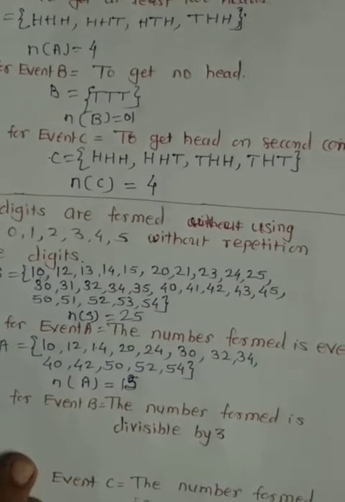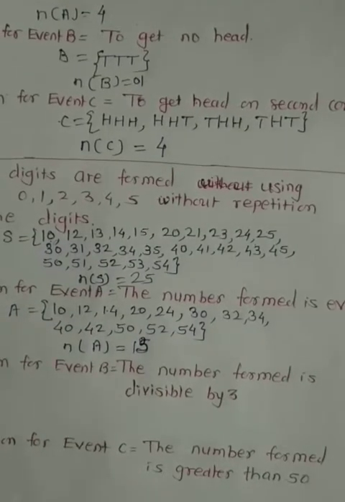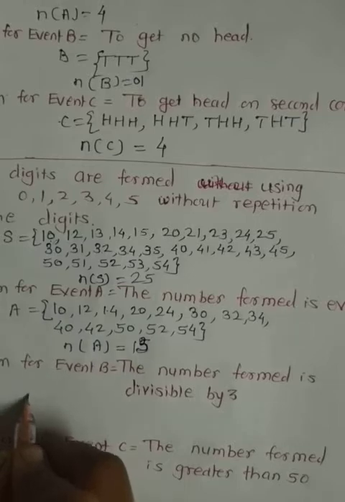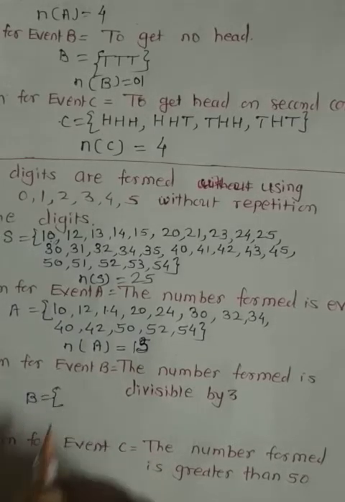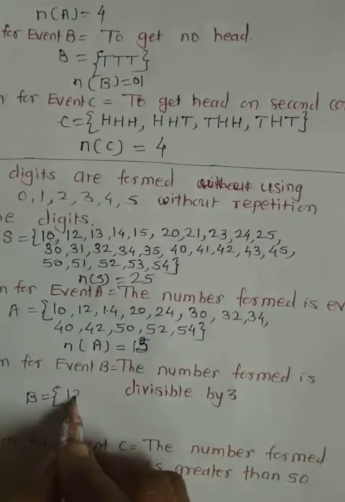Next one, see the example. The number formed is divisible by 3. Means we have to take the numbers only divisible by 3, means the sum of digits is a multiple of 3, that is 12.